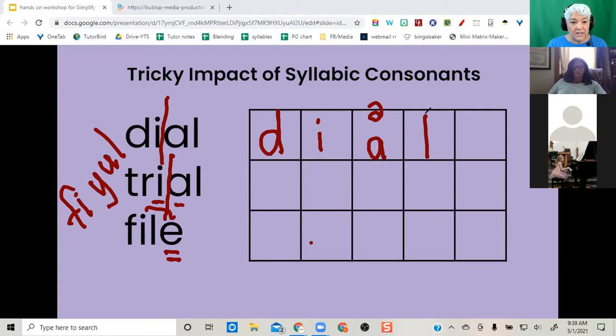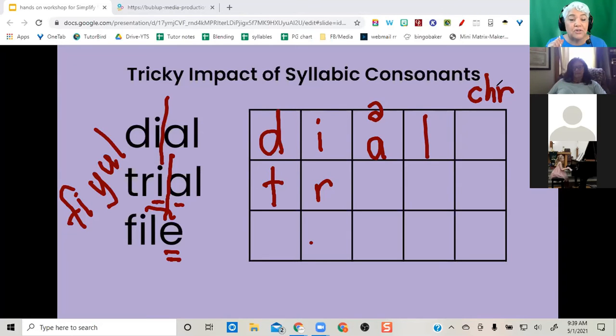So we identify the sound to the symbol. Trial. T, r, and when kids say, oh, it's ch, trial, you just say, yeah, and we will have many kids that'll spell it like this, with the ch, right? And we just say, we don't have English words where we have a ch, r.